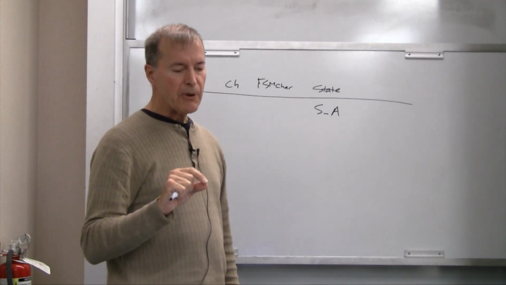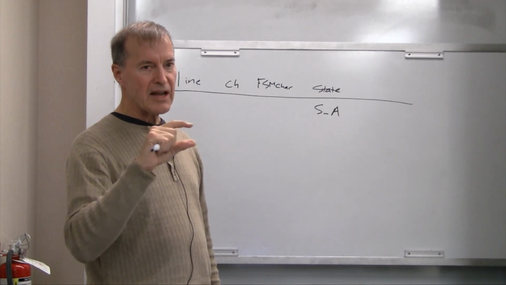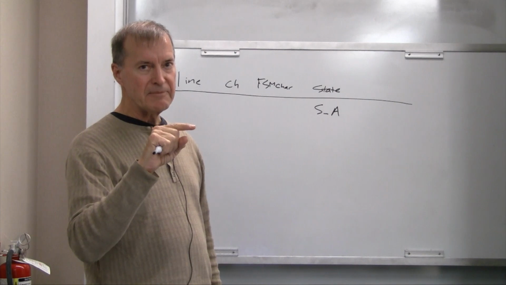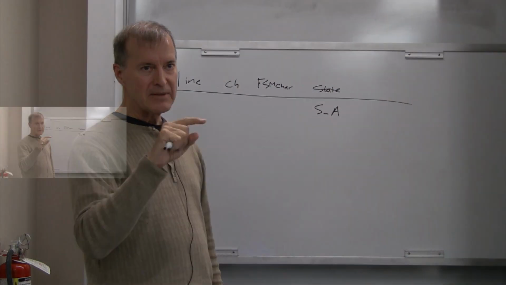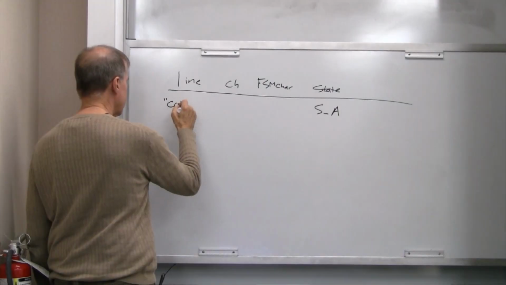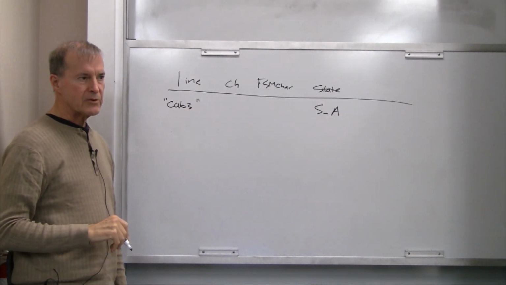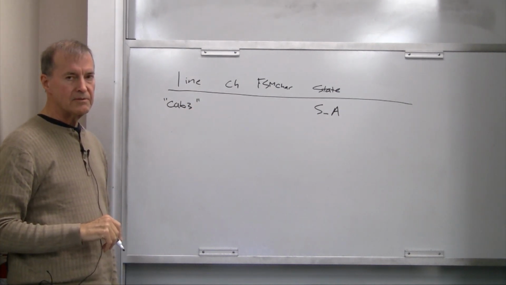Okay, now, suppose then that when we did the demo, we had the dialog box and we put cab 3. Remember that? So in cab 3, when it says string line gets text field dot get text, what does that do? That puts cab 3 in here. Now is everybody good?